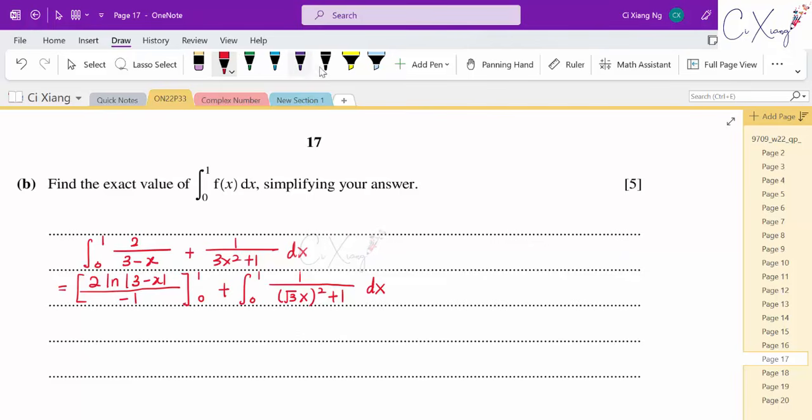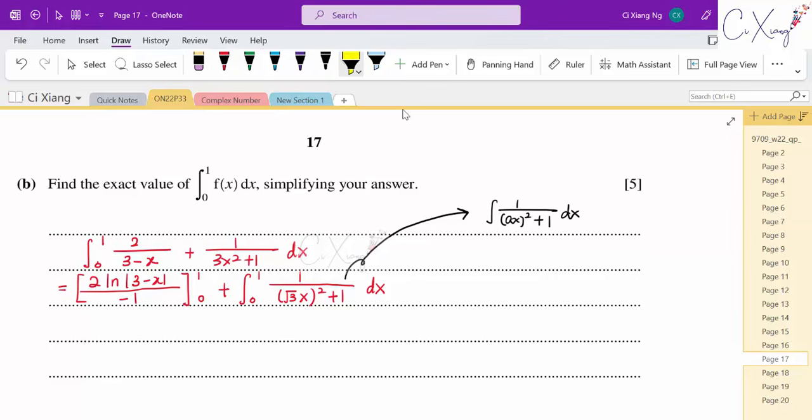Alright, to integrate this, basically we are having the tangent inverse as an answer. But in the general formula, you have to rephrase your equation either in the pattern of ax squared plus 1.